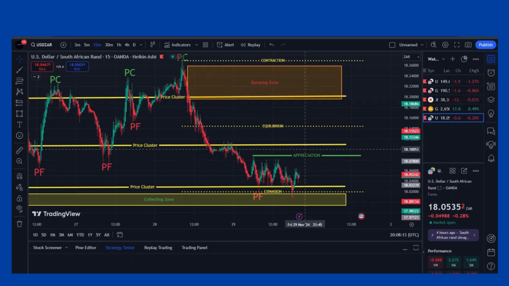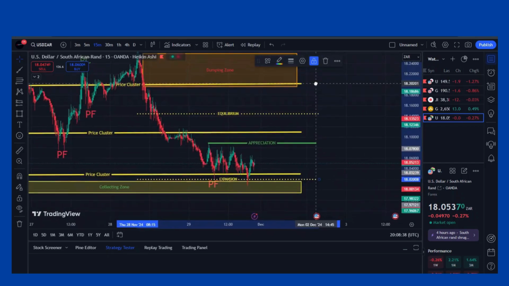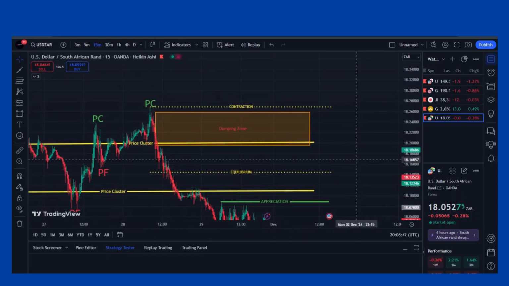So I indicate where the price clutters are, and the future price clutters also. Thereafter, I look at the chart to indicate my dumping zone and my collecting zone. If you do not know what the dumping and collecting zones are, please leave a comment down below so I can make a video explaining these terms. Following the dumping zone and collecting zone, I indicate my construction zone, equilibrium level and expansion level.